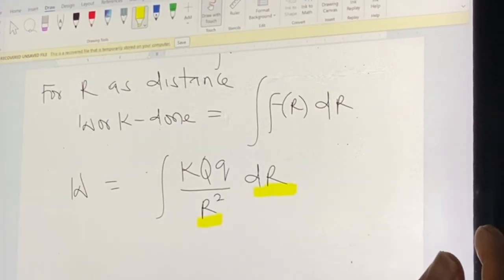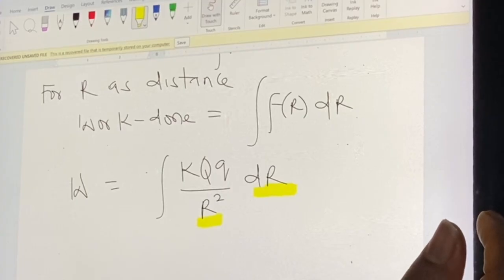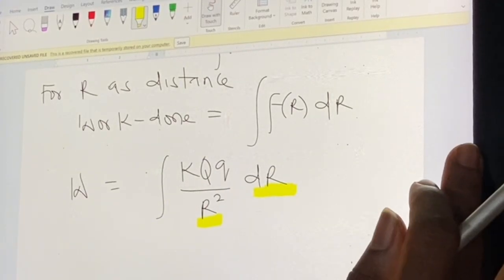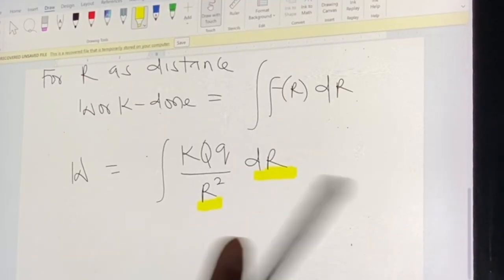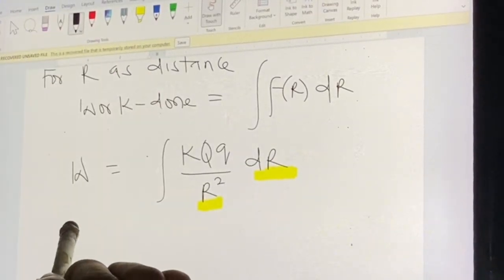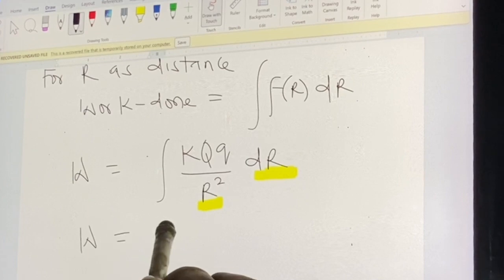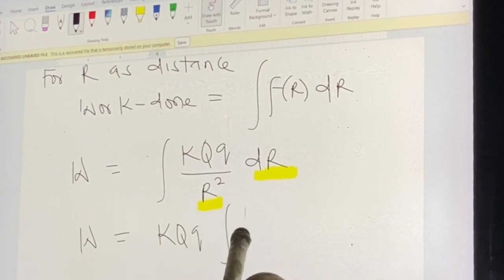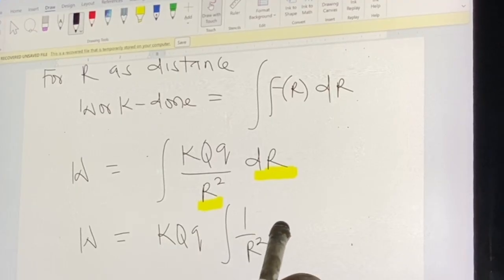So K capital Q small q will be a constant. Shifting out the constants, I will have W equal to K Q q integral of 1 over r square dr.